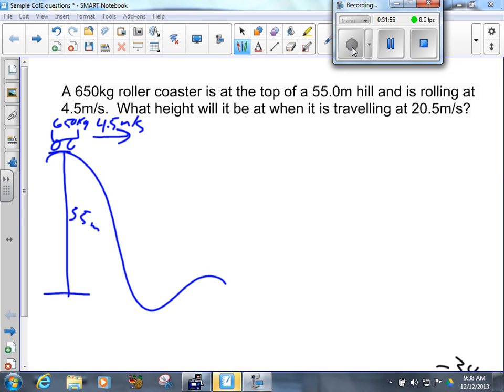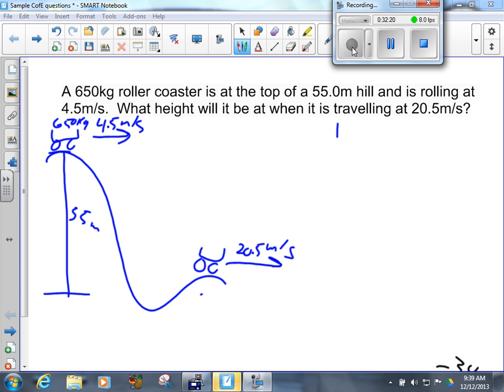What height will it be at when it is traveling at 20.5 meters per second? How do I know it's lower when it's going 20.5? It's going faster, so it has more kinetic energy at this point than it has here. Since the mechanical energy has to be the same, it has to have less potential energy here than there. That means it's got to be lower.